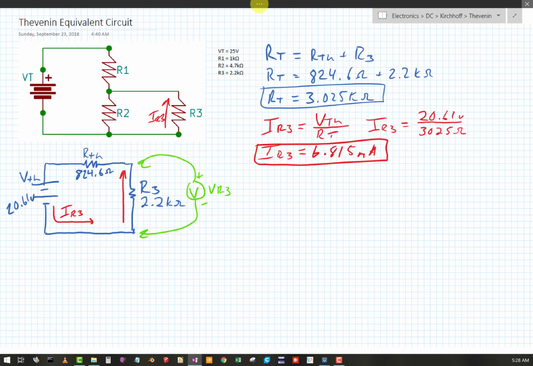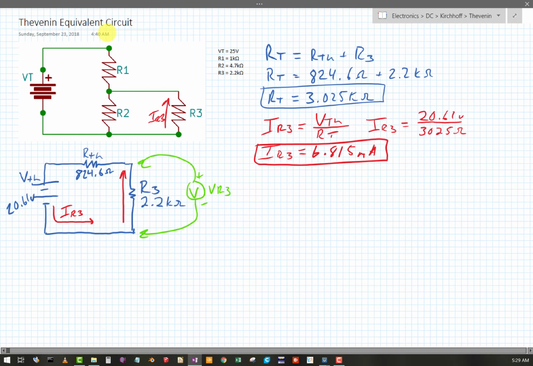So now I'm going to find that voltage for R3. And there's some double checking methods I could do here. I'm getting excited, so I kind of want to solve the circuit and see how it goes. VR3 is going to be IR3 times just the value of R3, whatever it is.